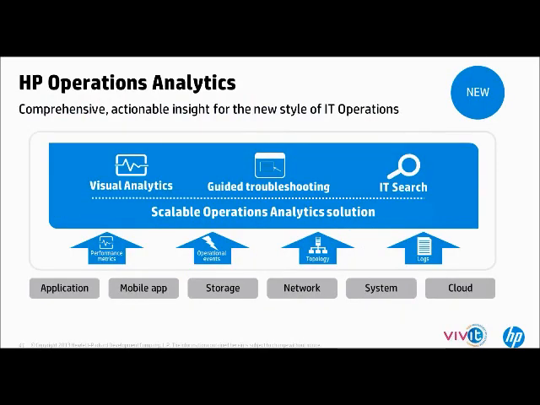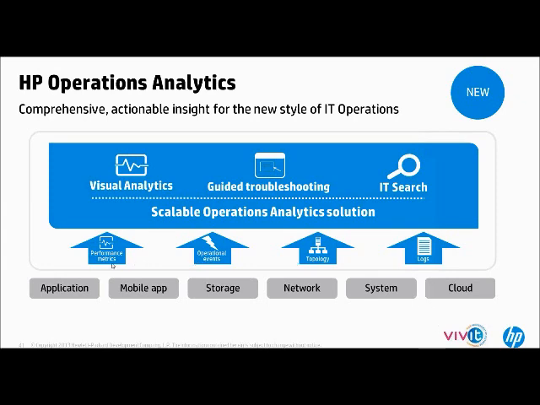So our Operations Analytics Advanced version will provide exactly these capabilities. It will give the ability to do visual analytics, guided troubleshooting, and IT search across applications, whether they are on-premise or mobile applications, storage, networks, systems, and other sources.